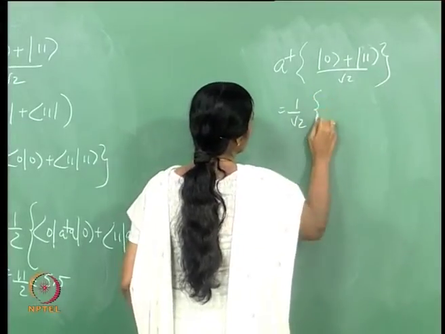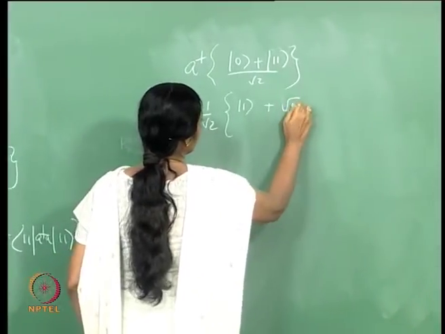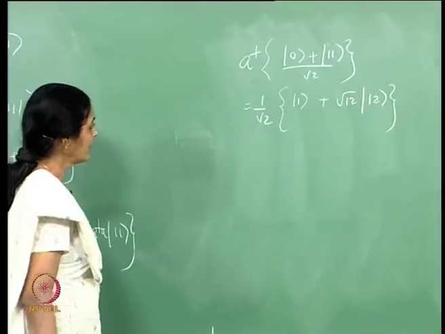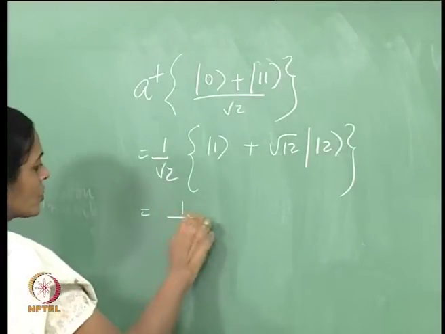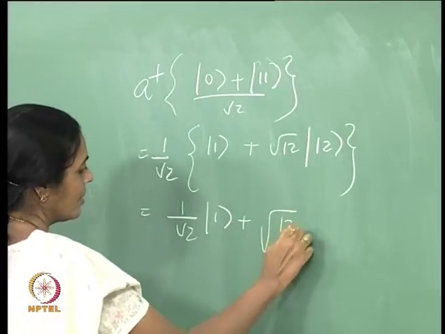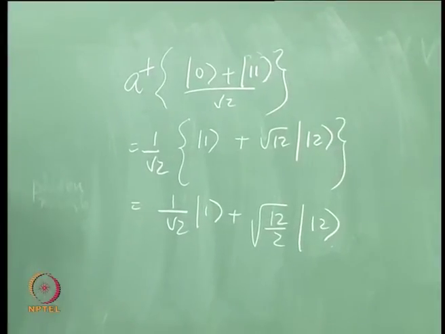A dagger on ket 0 is ket 1 and A dagger on ket 11 is root 12 ket 12. And therefore, this is just 1 by root 2 ket 1 plus root of 12 by 2 ket 12.